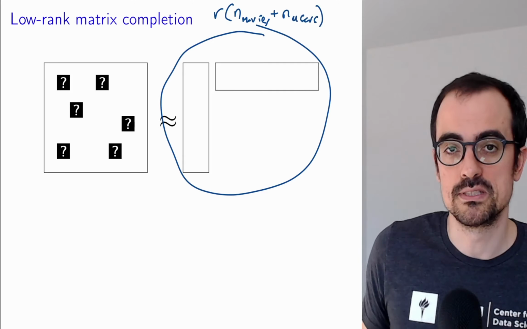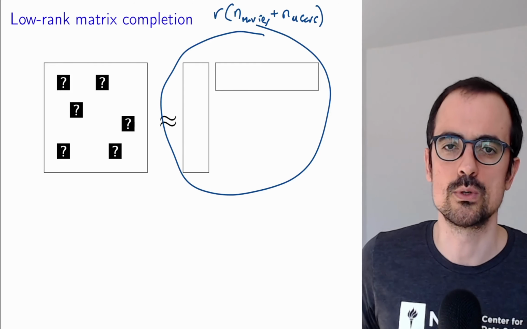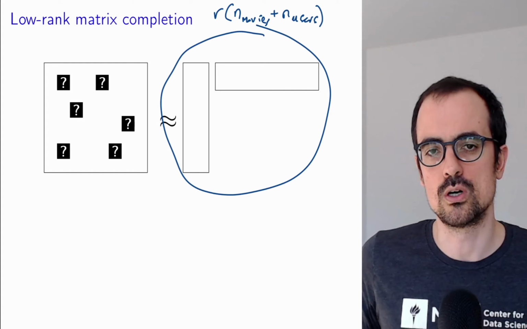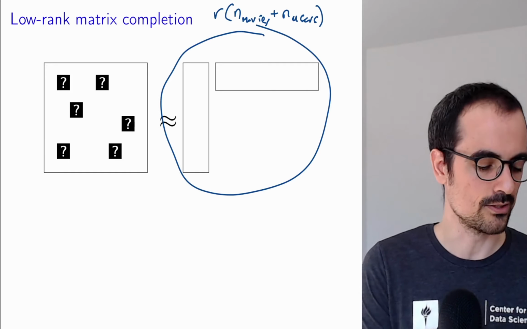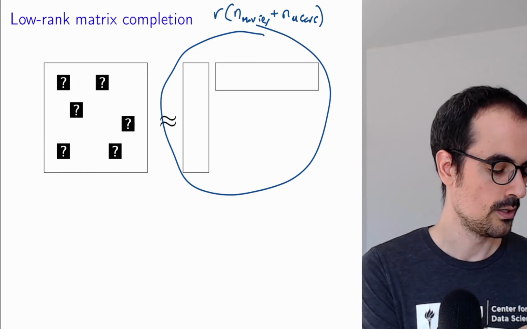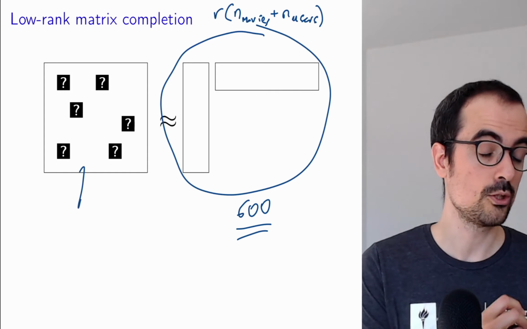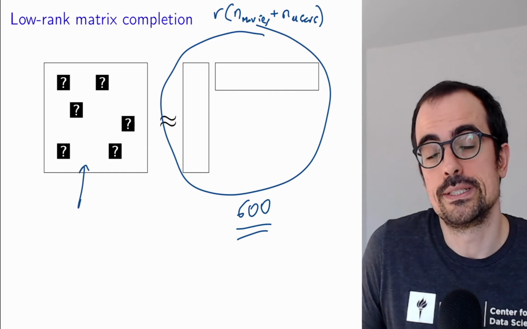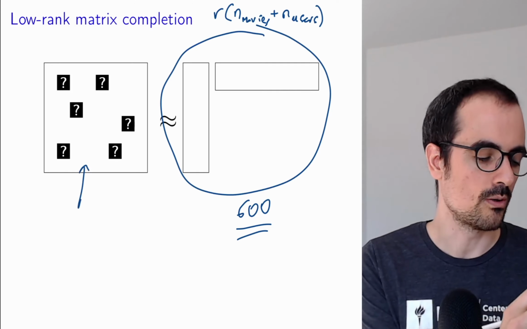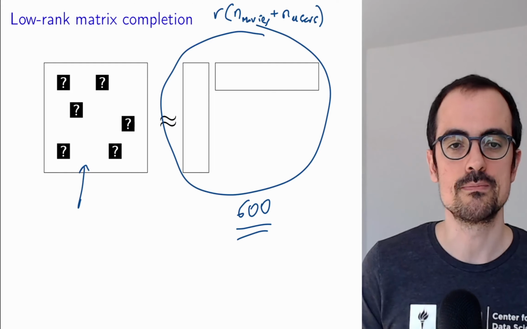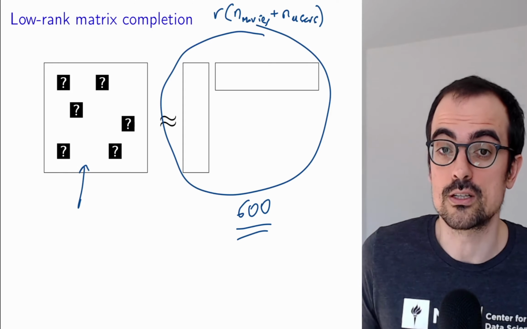So again, in our simple example, 100 users, 100 movies, 200, let's say that we use a rank of 3, which is what we will use, as we will see later on, for our real data. That's 600 parameters. So we have to estimate 600 numbers. So we only need to have seen, maybe 600 is pushing it a bit, but a couple of thousand entries from this matrix would suffice, and the total matrix has 10,000 entries, so that's not that crazy.